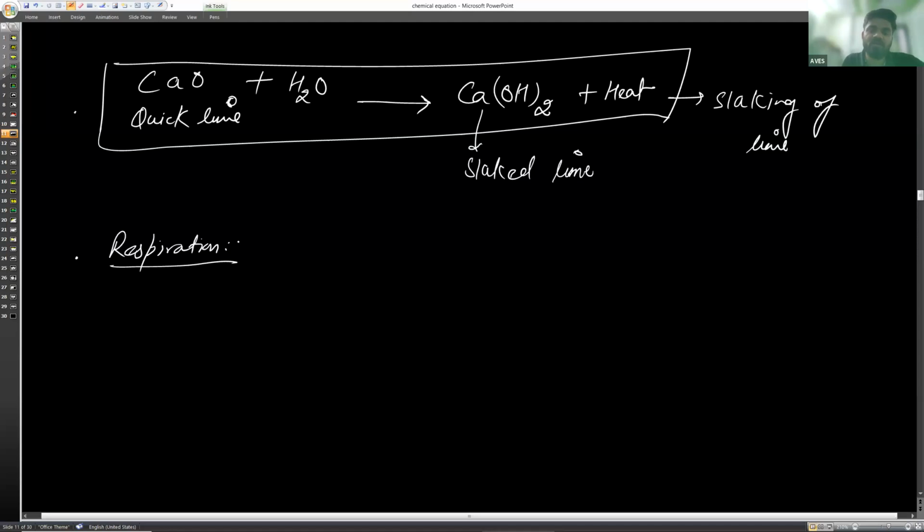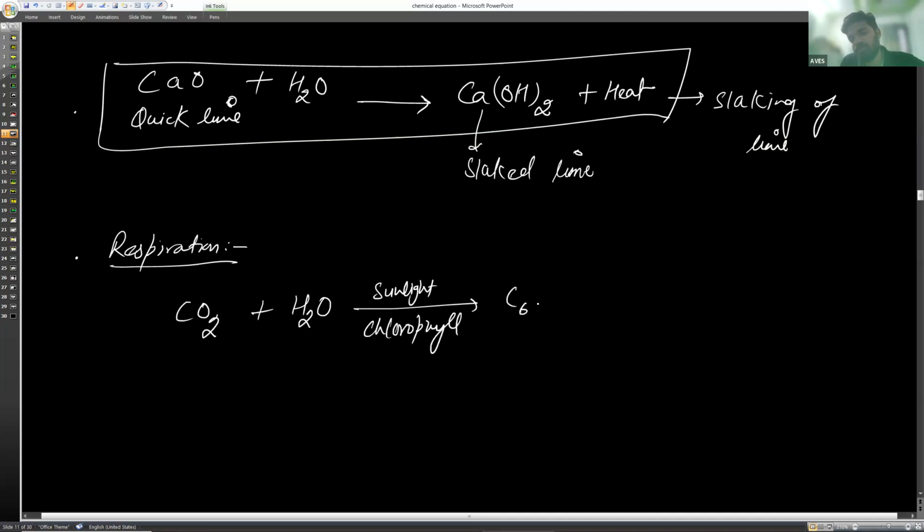Okay, let's see. Why is respiration considered to be an exothermic process? Can you answer me this question? Because we release energy. Yeah. So in respiration we have carbon dioxide and, with the help of water, in the presence of sunlight and chlorophyll, it gets converted into glucose C6H12O6 plus oxygen gas plus water.